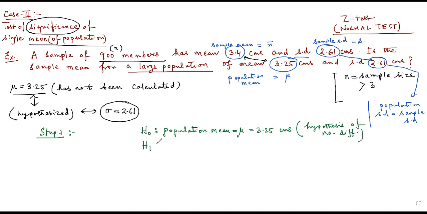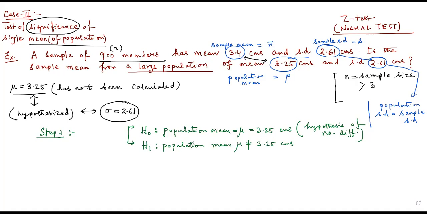And alternative hypothesis is population mean mu is not equal to 3.25 centimeters. Okay, every null hypothesis is associated with an alternative hypothesis. Alternative hypothesis is counter or complementary to the null hypothesis.